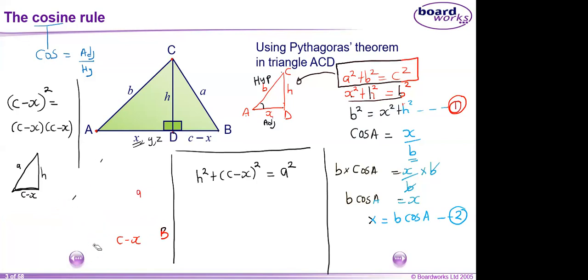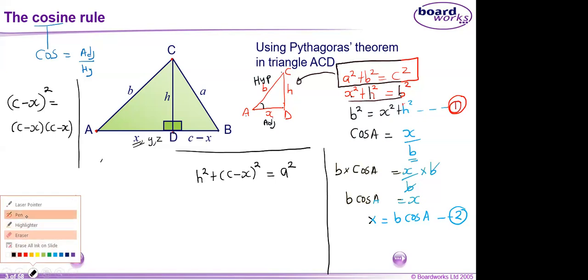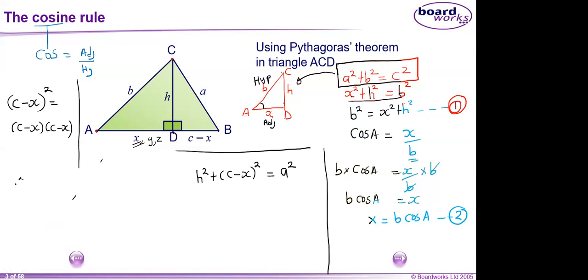Let's hear from Trouble. So we put it in brackets. C minus X squared is also the same as C minus X in brackets into C minus X.